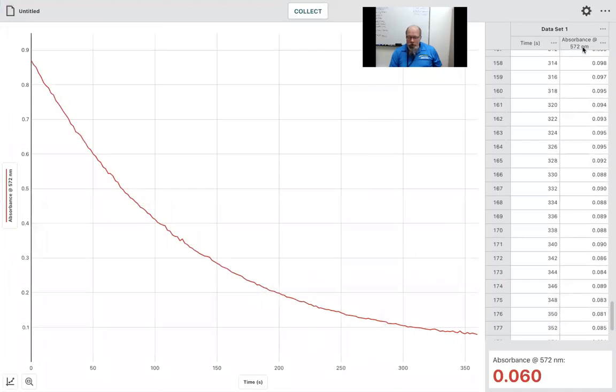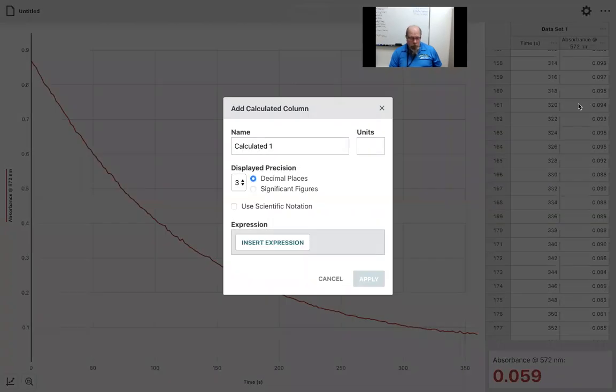When you're looking at the absorbance value up here, if you click on that column and look at adding a calculated column to that, it will allow you to put in the natural log of absorbance. So you can type in the title for that value that you're going to use. Spelling doesn't count, but you want to be close.